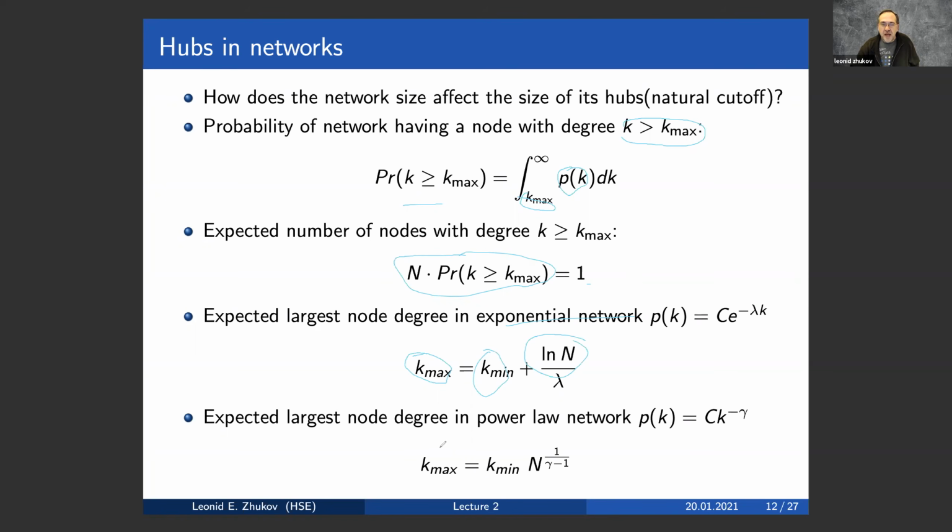But in a power law network, the largest node degree is connected with the number of nodes by this function. So it is growing really fast with the size of the network, which is very different from what you would expect in a random network.